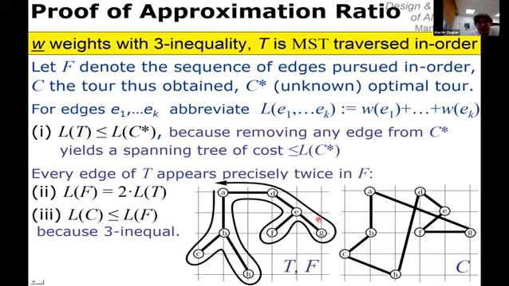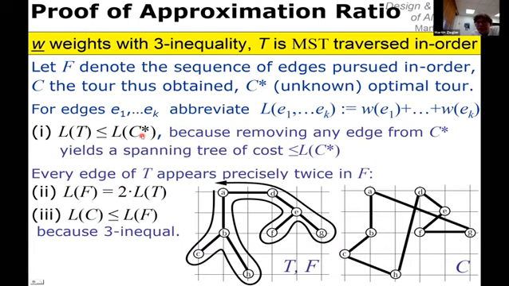So to summarize, now we have established these three inequalities between various quantities that we have introduced for the purposes of our analysis. What we're actually interested in is a relation between the cost of C, that's the cost of the cycle eventually output by Christofides algorithm, and the cost C prime of the unknown optimal tour.